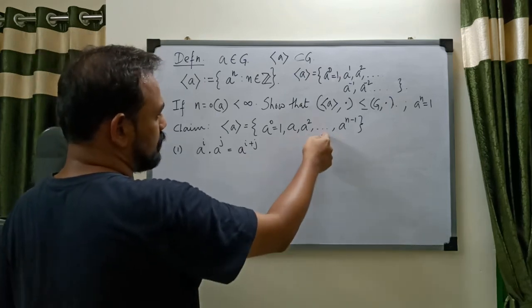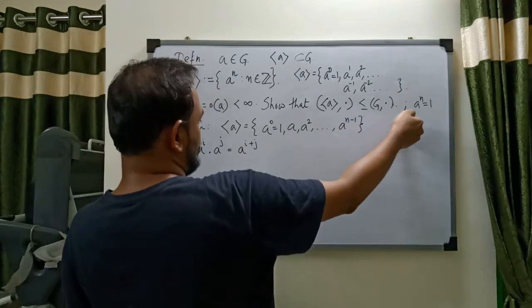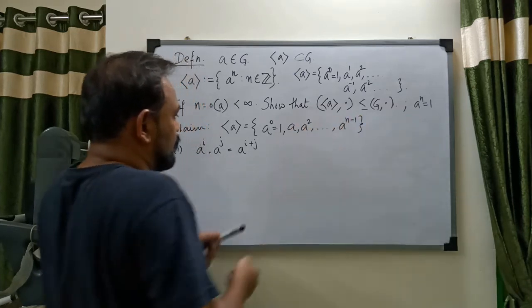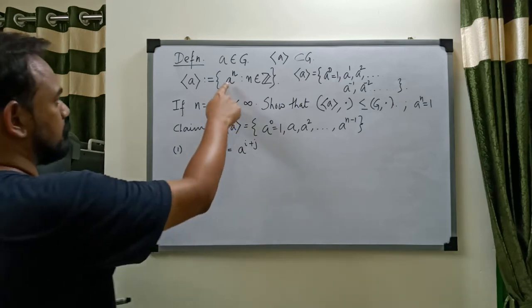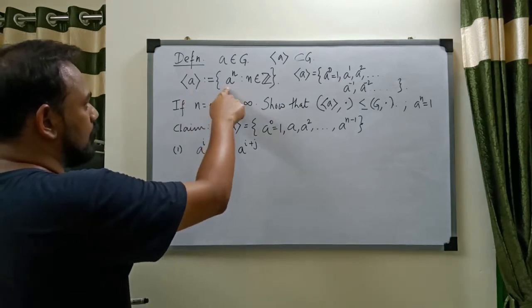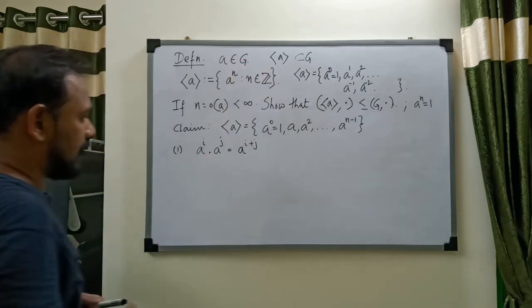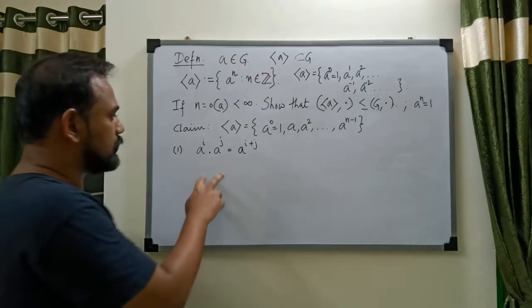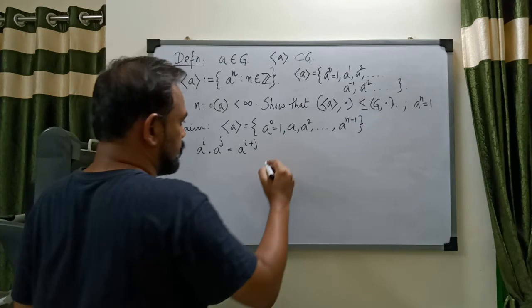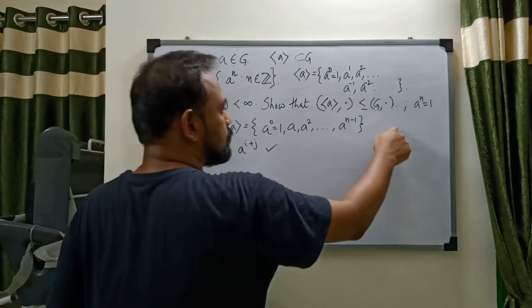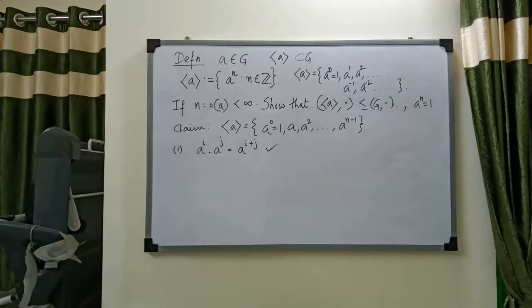It could be here, or if it goes beyond n, we've shown that it is really one of them. That's how we have defined this, all integer powers. So the closure property is perfectly all right because this sequence is a finite one.